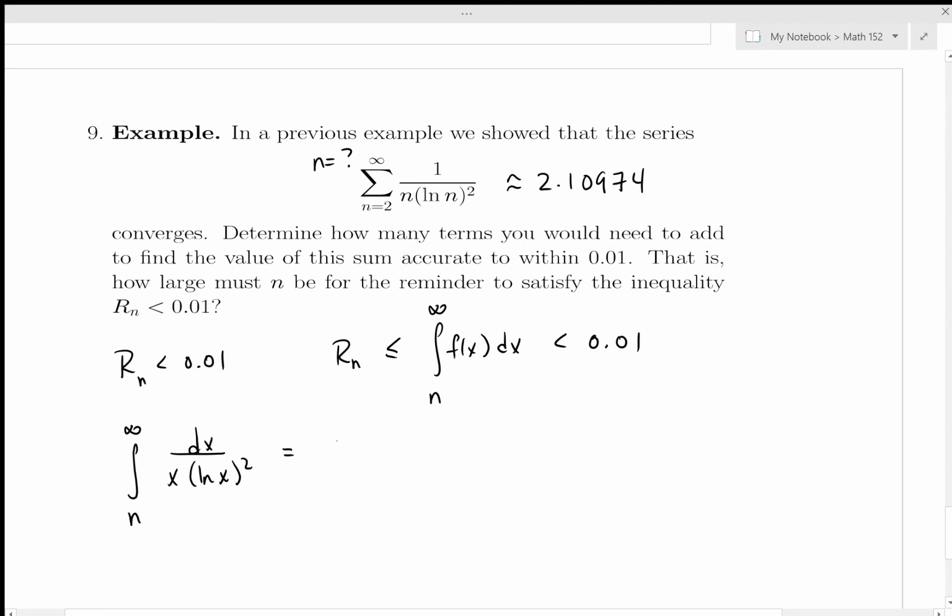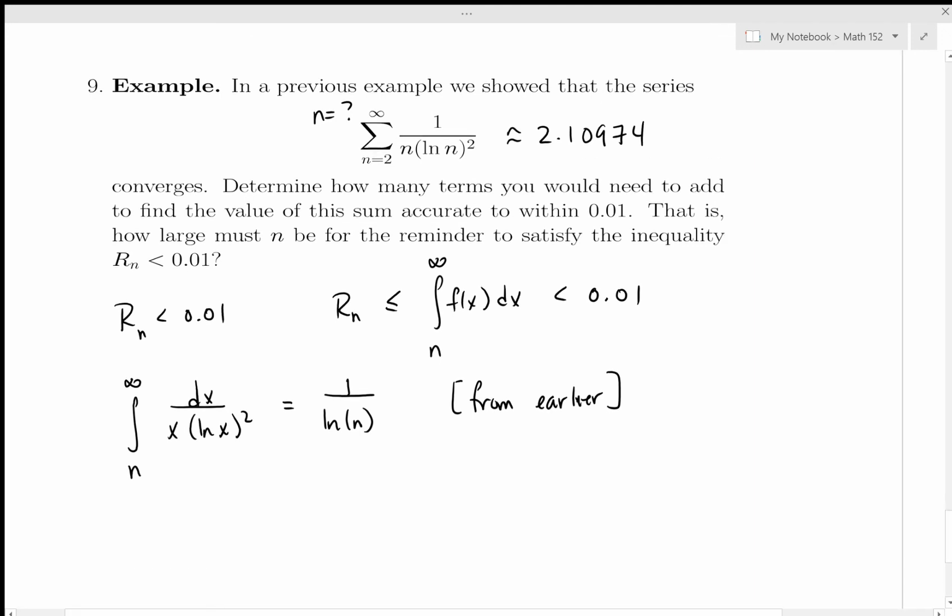This is going to be 1 over log n. This is from earlier. If you're not sure about doing the improper integrals or the substitution, now is a good time to stop, do this integral again, and make sure you come out with that result.